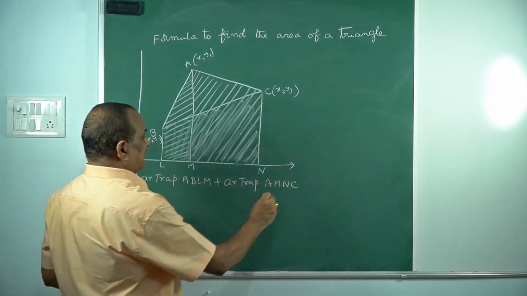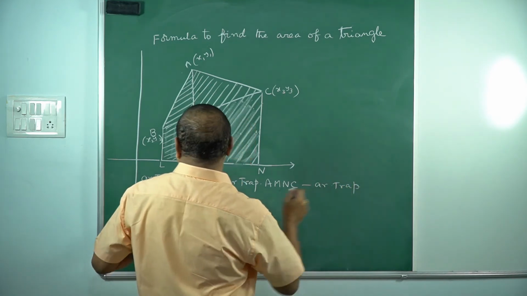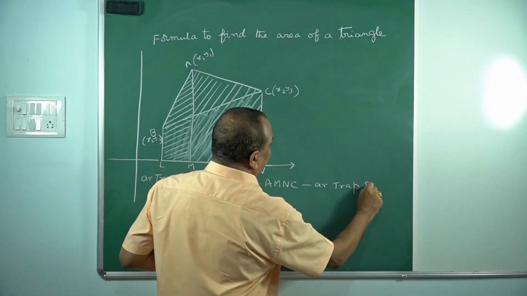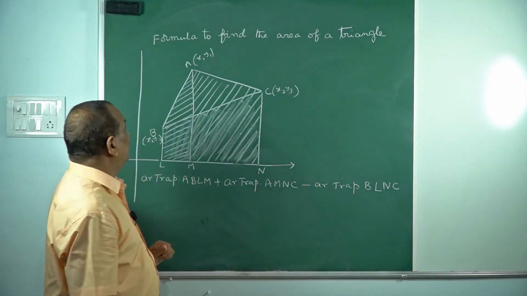What is it that we are subtracting? Area of trapezium B, L, N, C.